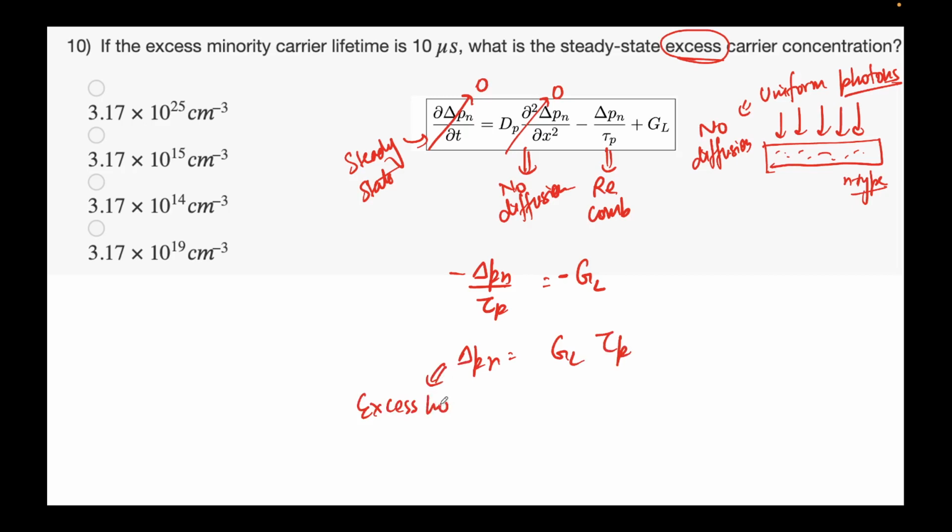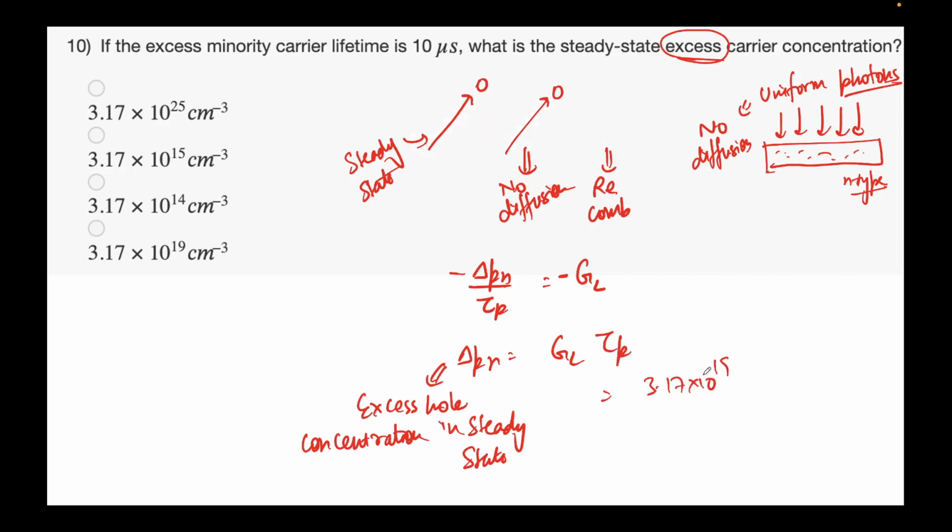So this is nothing but the excess hole concentration in steady state. Please remember that, in steady state, because we have already put this term to zero. So what is GL? GL was 3.17 into 10 to the power 19, and tau p is given as 10 microseconds.